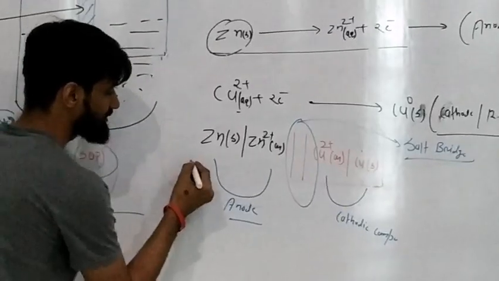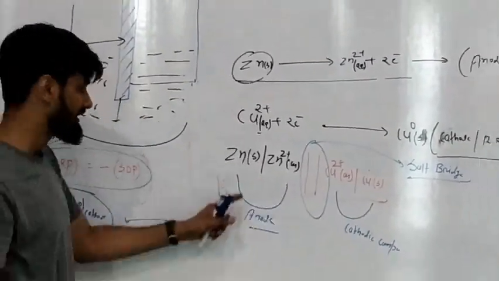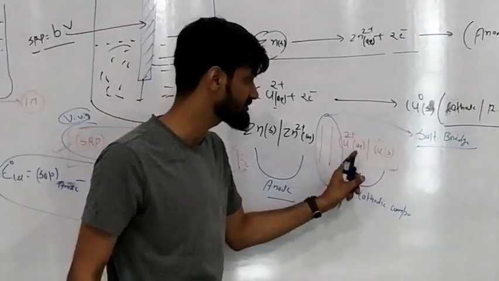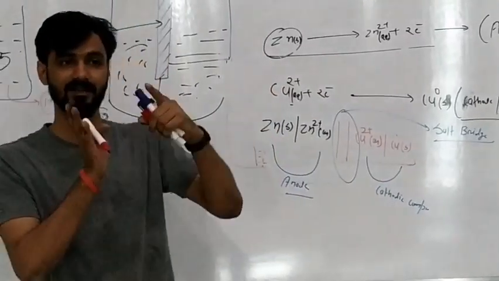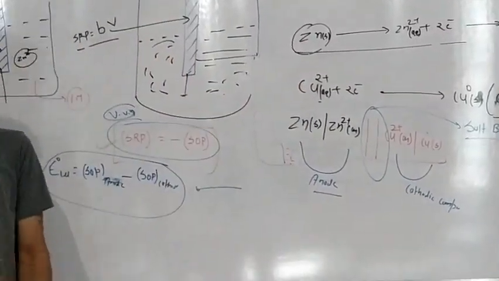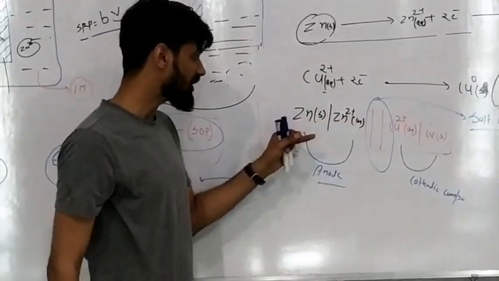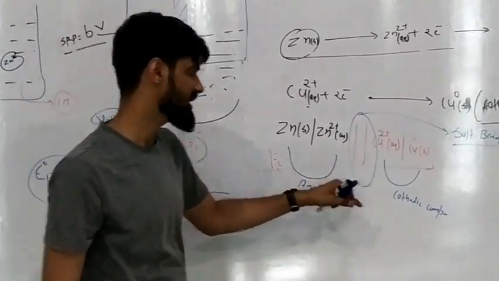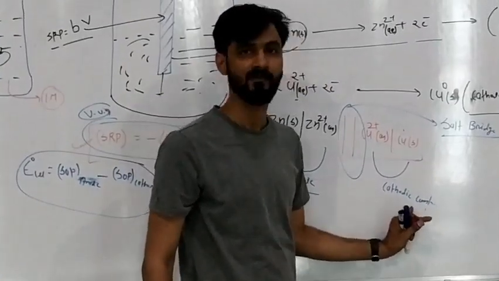I have told you this will be the anode, and here there is the electrolytic solution, so this line separates the anode and the electrolytic solution. This line separates the cathode and the electrolytic solution. So a single line separates the electrolytic solution and its respective electrode, and a double line shows the salt bridge. The part to the left of the salt bridge is called the anodic compartment, and the part to the right of the salt bridge is called the cathodic compartment.